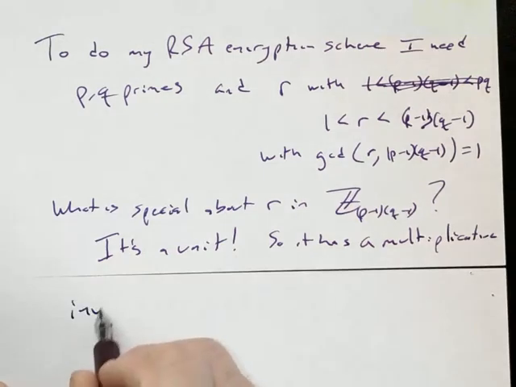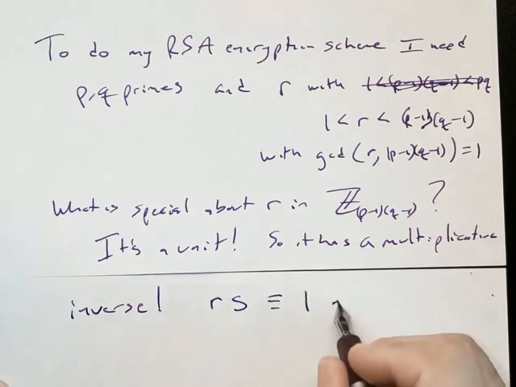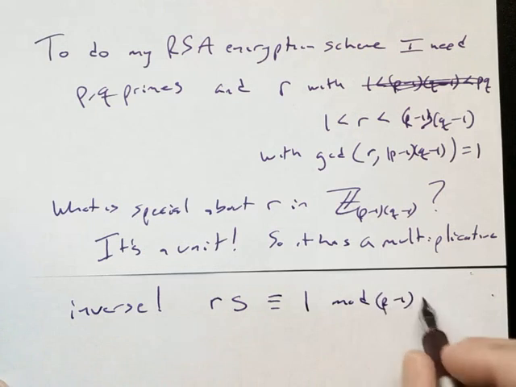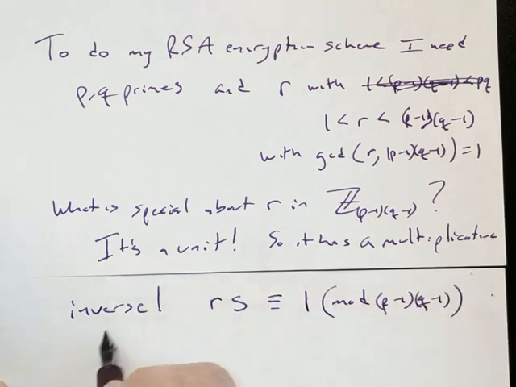I'm going to say that r times s is congruent to 1 mod p minus 1 times q minus 1. So my inverse is s.